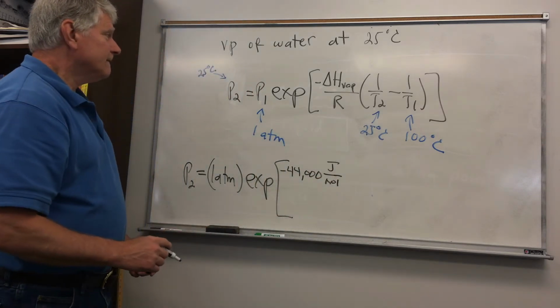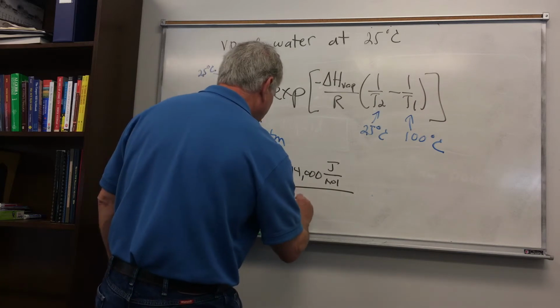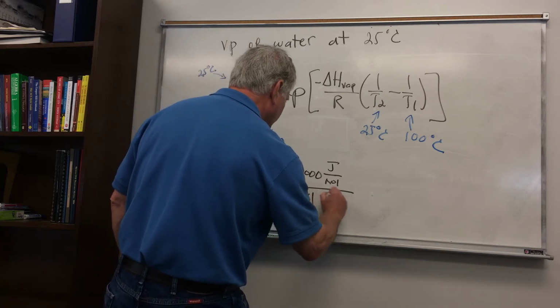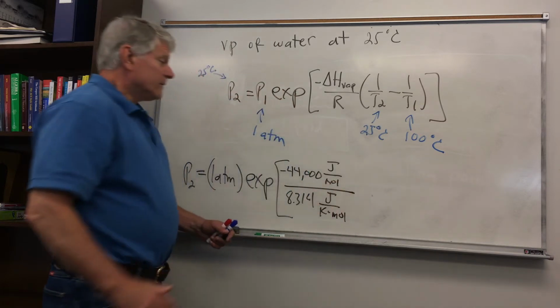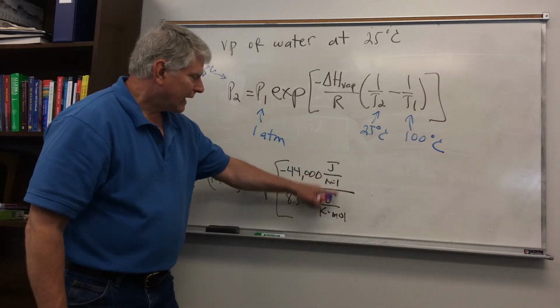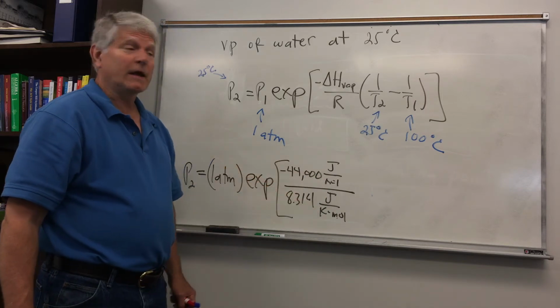Now I divide by R. This is 8.314 joules per Kelvin per mole. So you'll notice that moles will cancel, joules will cancel here, but my temperature units are in Kelvin.